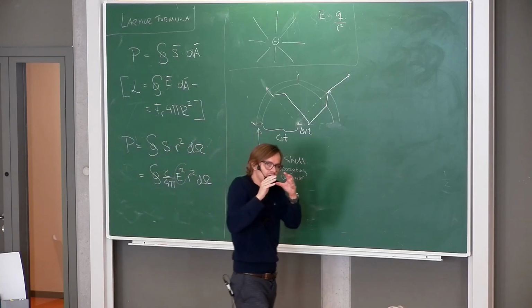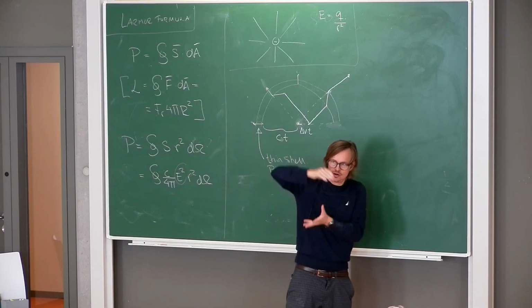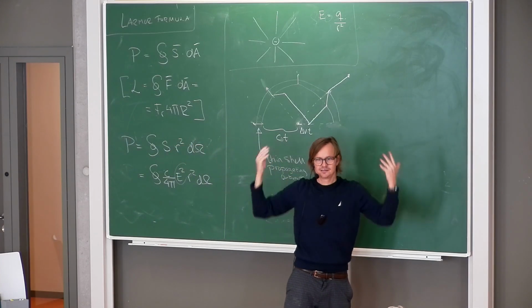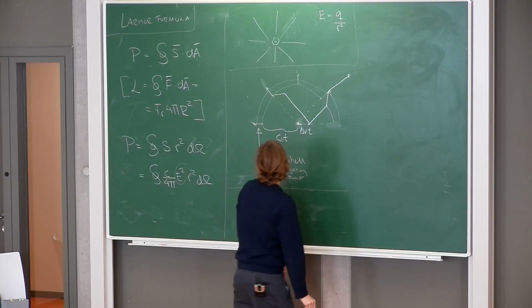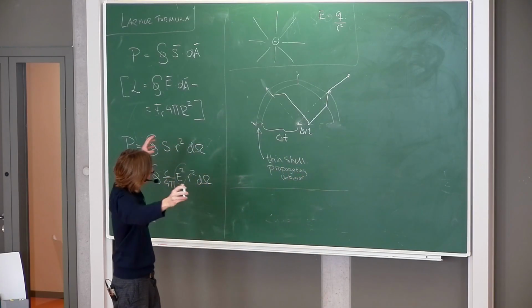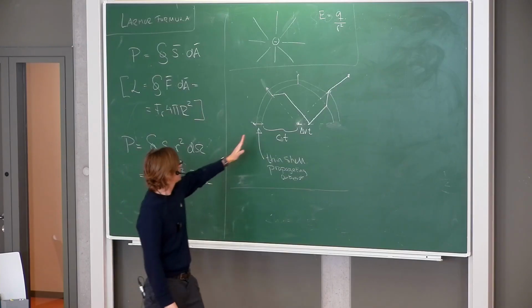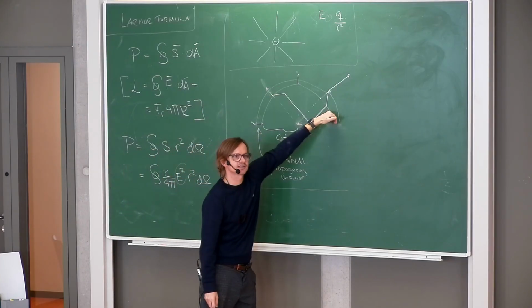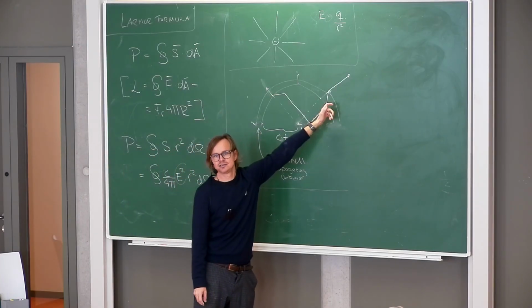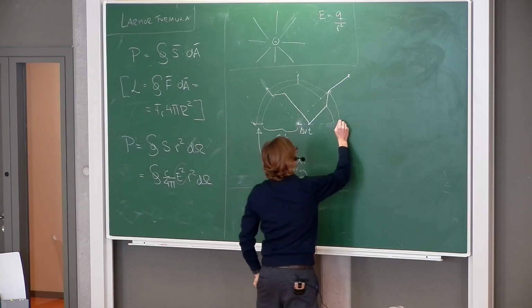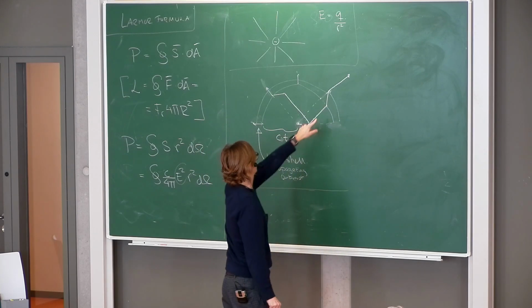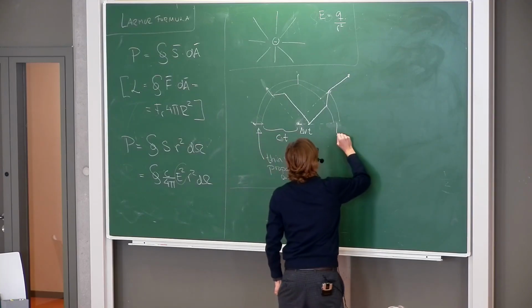And this is now your outward propagating plane wave of radiation. So we can see that as an outward propagating light wave or as a disturbance in the radial electric field.